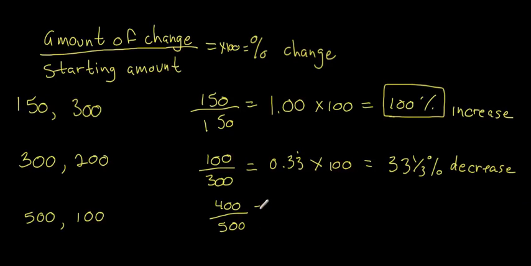So it's basically 4/5, which we know is 0.80, times 100 equals 80%. And is the second number bigger or smaller than the first? It is smaller, so that is an 80% decrease.